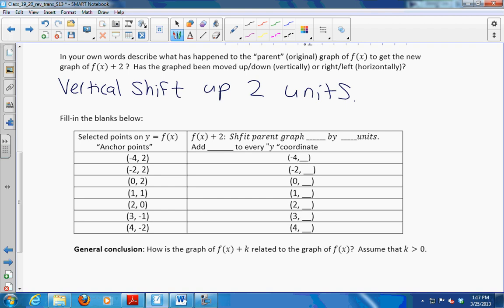My x coordinates are all going to stay the same, and my y coordinates increase by 2. 1, 1 goes to 1, 3. 2, 0 goes to 2, 2. So we shift the parent graph up by 2 units, which means add 2 to every y coordinate.